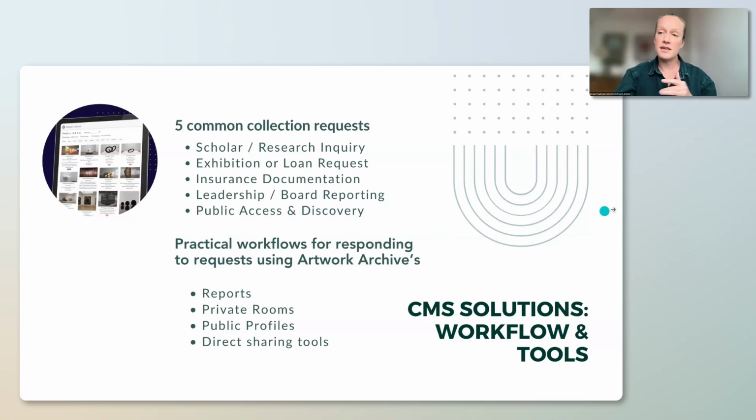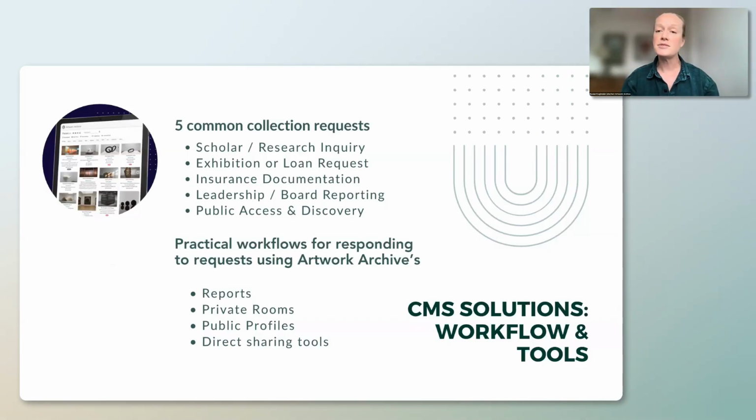With these common collection requests, we're going to focus on the tools that you have. For many of you, you're already using Artwork Archive. And so you have reports, structured professional documentation. You have access to private rooms, curated, shareable selections. You have access to public profiles and website embeds, which allow you to have ongoing access and discoverability for your collection.